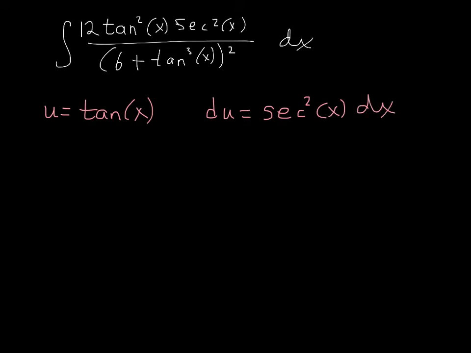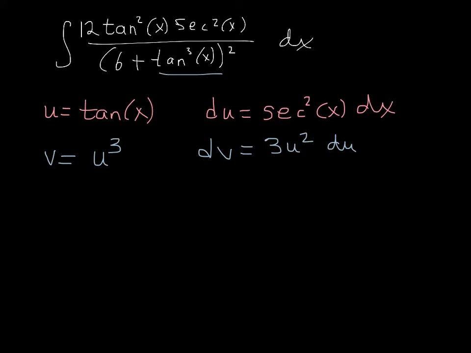And then my second substitution, let v equal u cubed, because that of course is going to work nicely there. So then dv equals 3u squared du, just taking the derivative of u cubed.